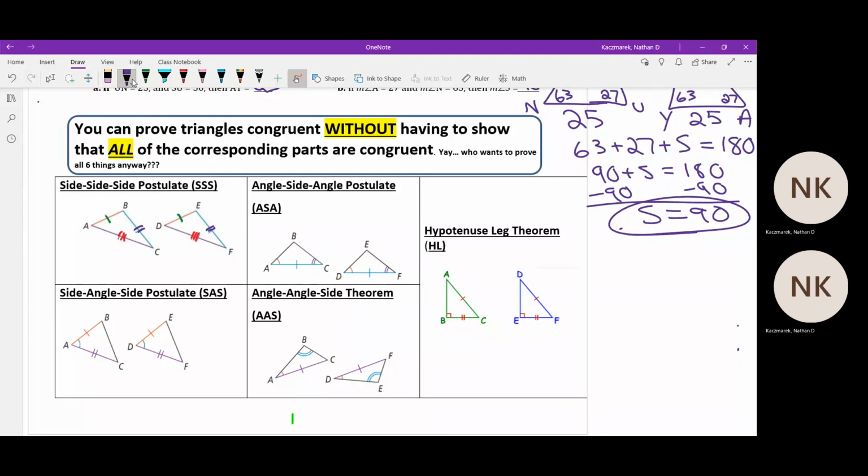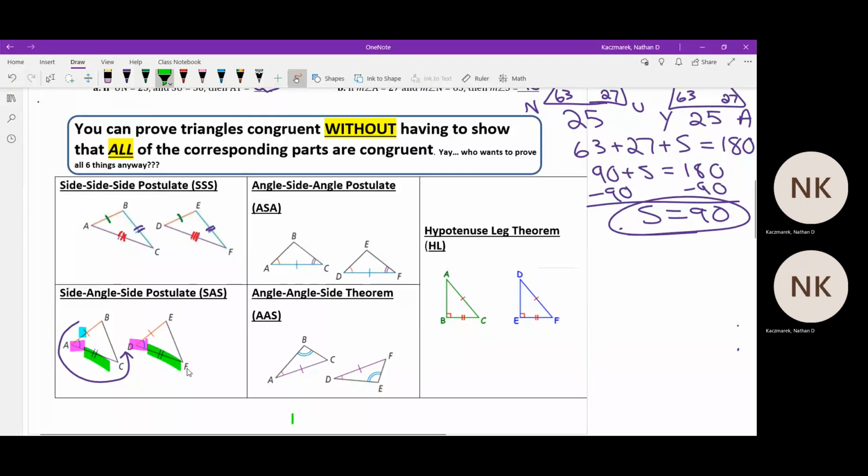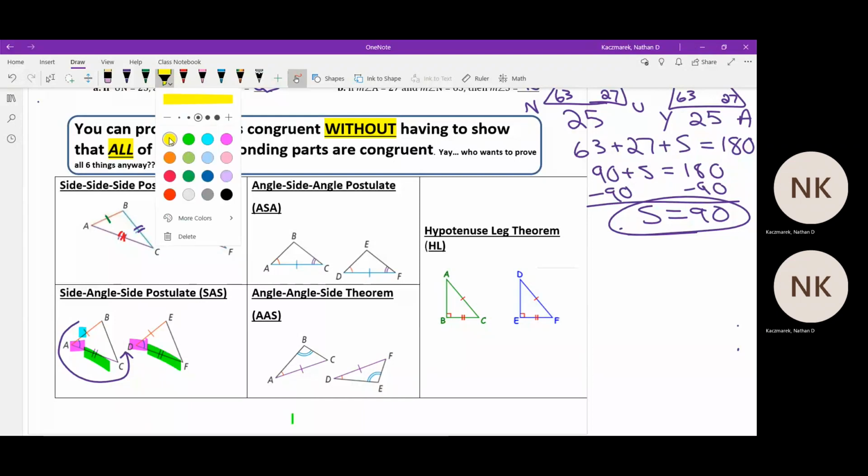Next one we've got is the side, angle, side postulate. So again, if I'm walking around this triangle, I'm going to hit a congruent side. Right next to that congruent side is going to be a congruent angle. And right next to that congruent angle, I'm going to have another congruent side. This kind of looks like our hinge theorem, actually, right? Just got done talking about the hinge theorem.